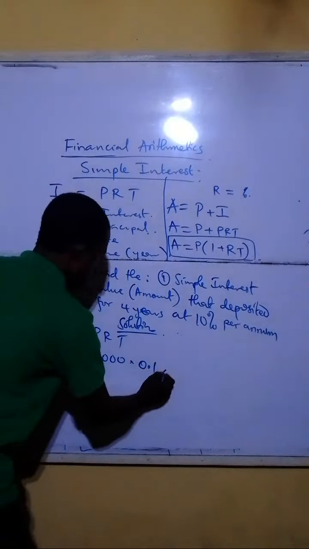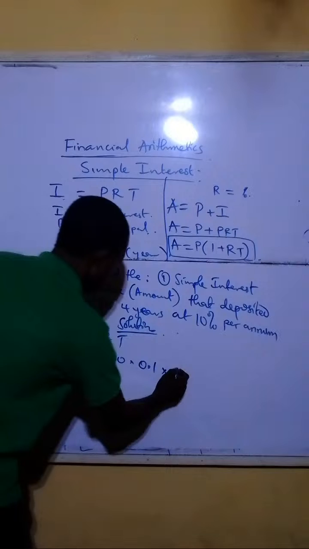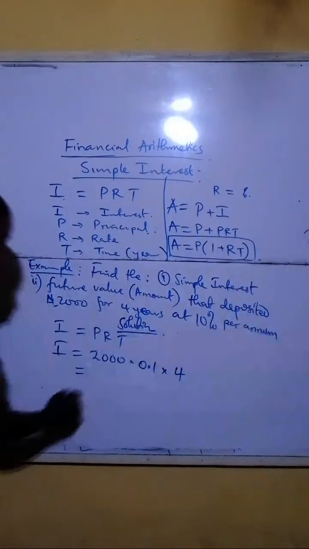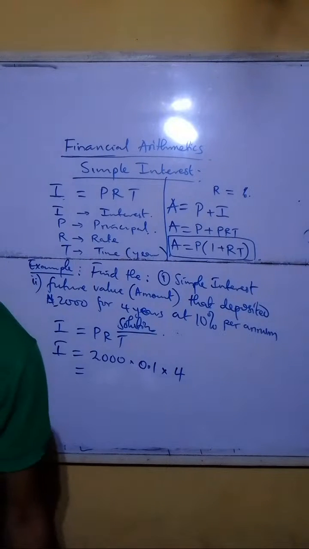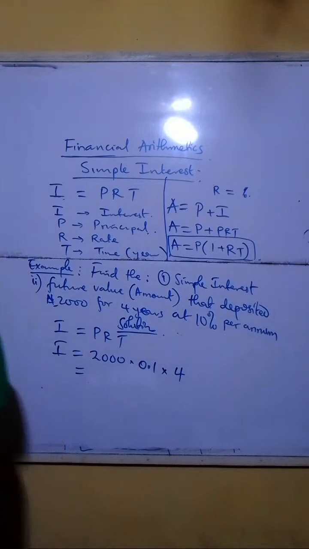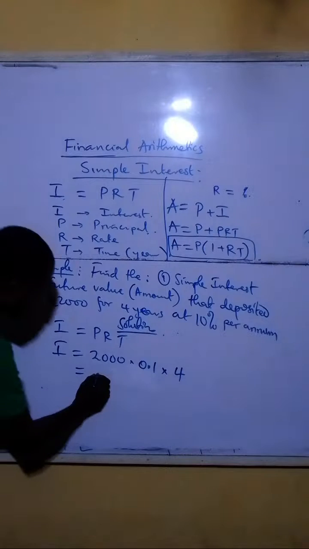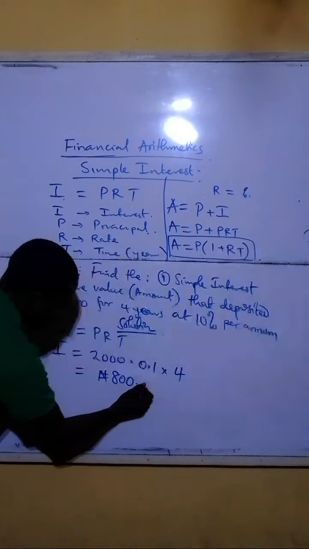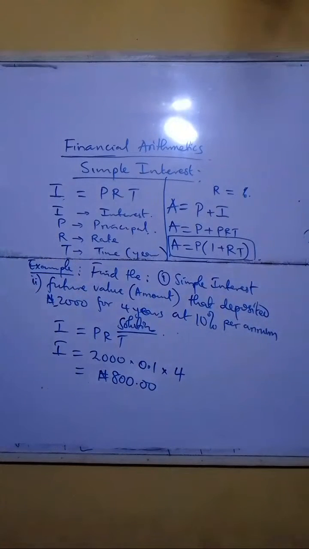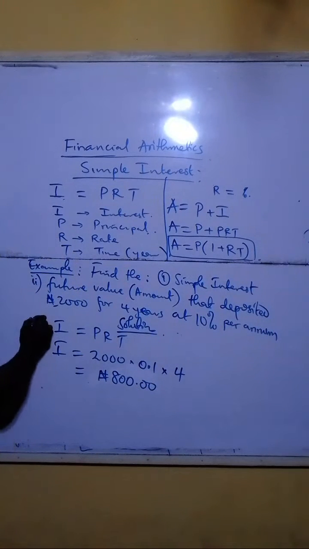Then times time, and the time here is 4. And when we multiply that out, the results give us 800 naira. So we have here 800 naira 00 kobo. That's interest. Now this is the first question.